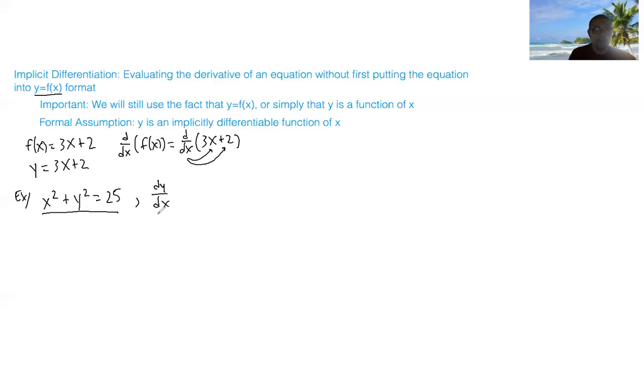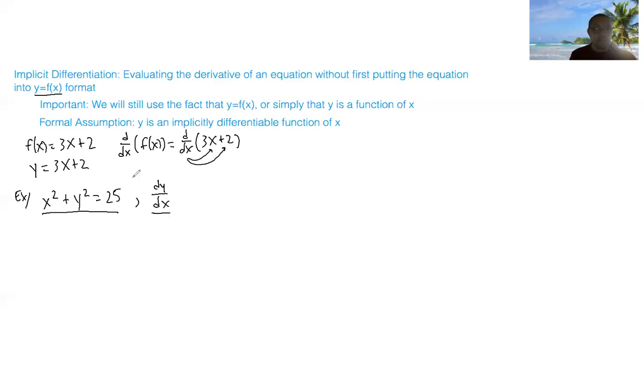This is your equation. This is what you're trying to find. And so in implicit differentiation, you don't have to simplify and solve it to where it's going to be y is equal to stuff on the right-hand side, okay?